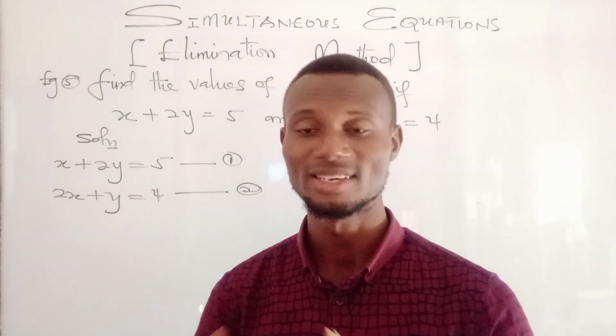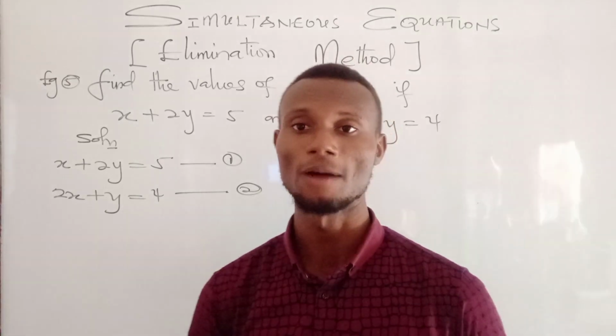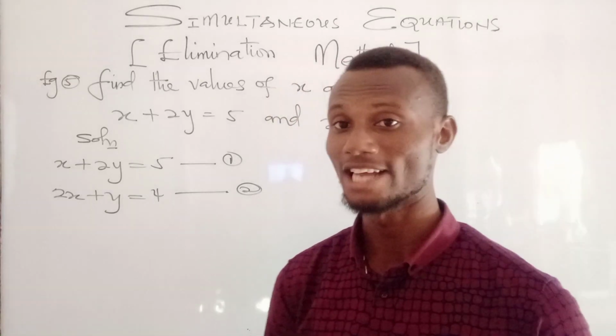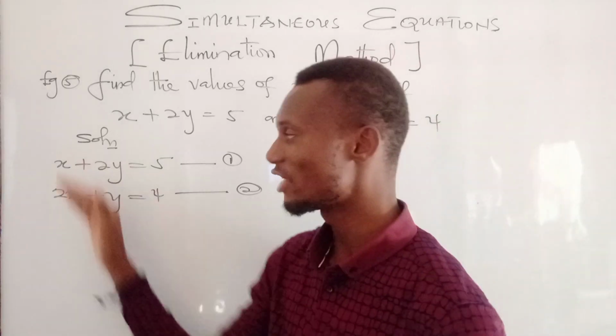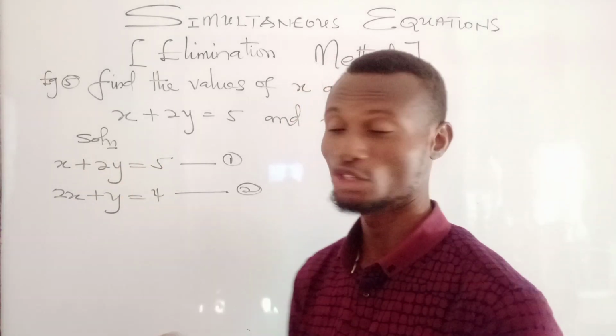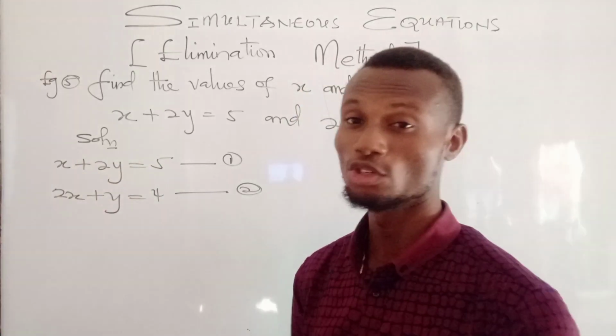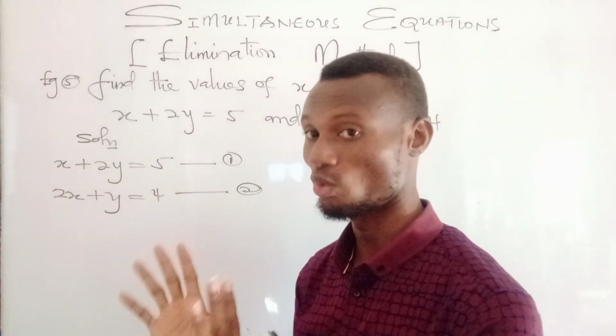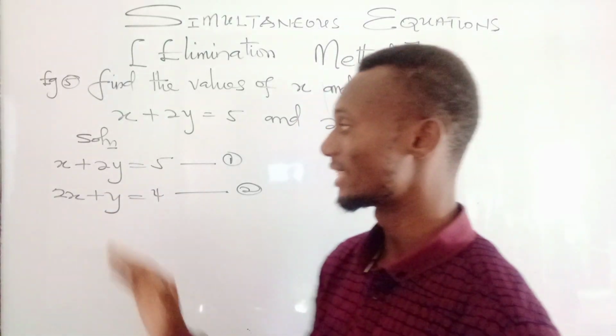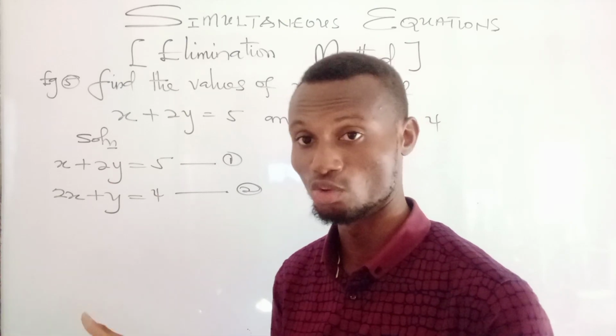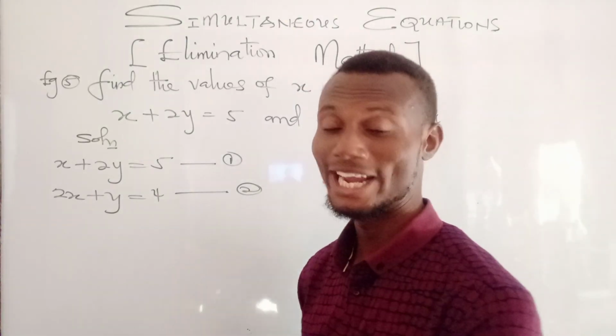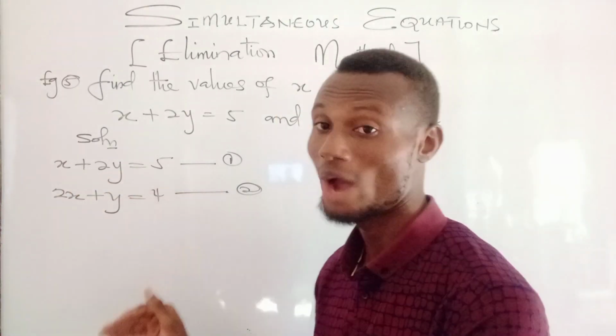So that's it about the elimination method. For you to be able to eliminate any of the variables, you can choose to eliminate s or you can choose to eliminate y, any of it that you want. But the question will help you know whether you are supposed to start by eliminating s or eliminating y.